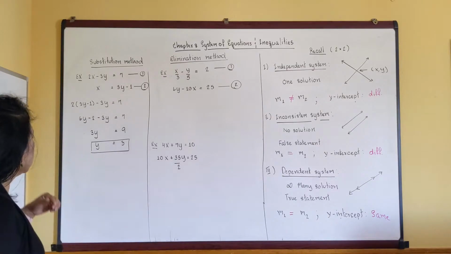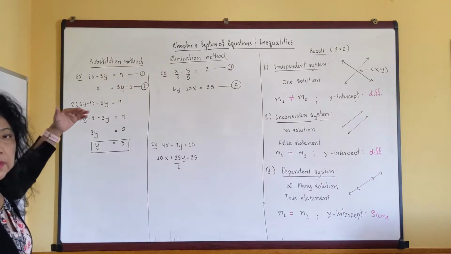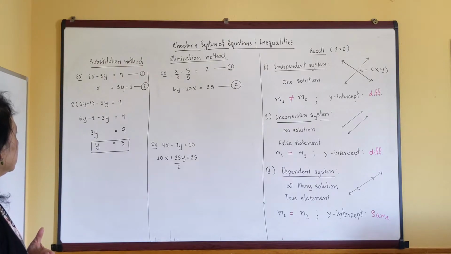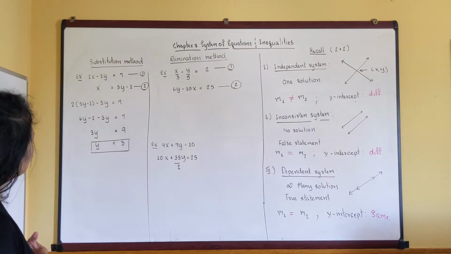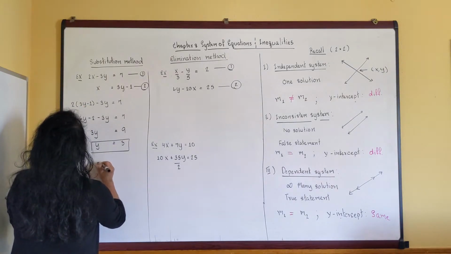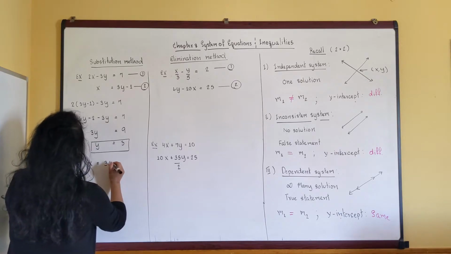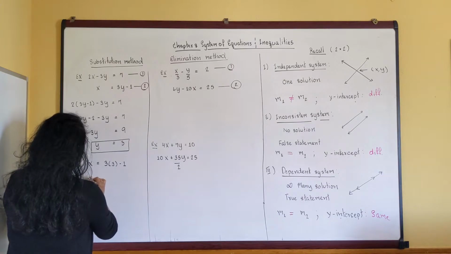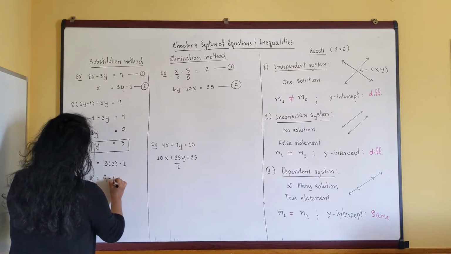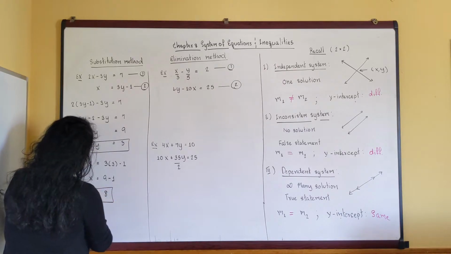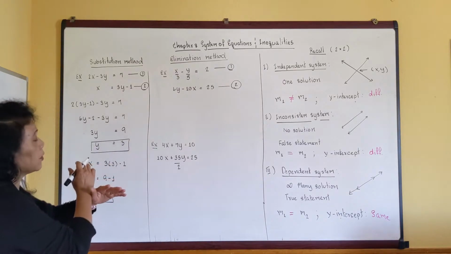Now you get the y. You substitute y back in either the first or the second equation to get your x. Pick the one that you're comfortable with or easy. So I'll pick the second one right here. So x would equal 3, instead of y, I put 3, minus 1. So x equal to 9 minus 1, so x equal to 8. So basically, this is the point that the two graphs cross.